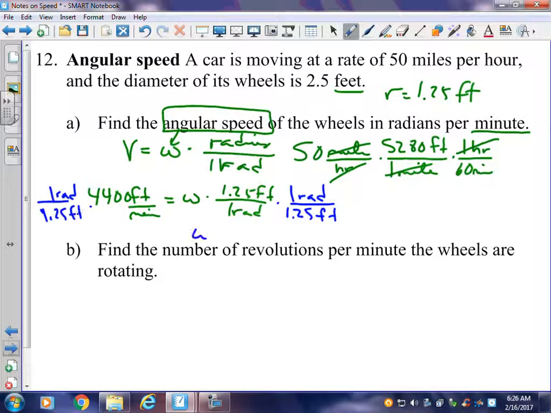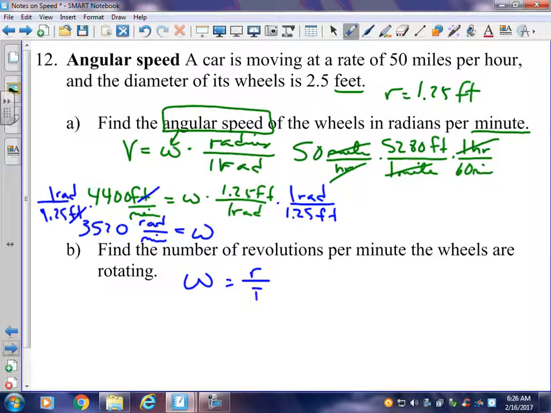So now omega is going to be, feet are going to cancel, giving me that radian per minute that I'm wanting, that the direction said the angular speed in radians per minute. And I just take 4,400 divided by 1.25 and get 3,520 radians every minute.